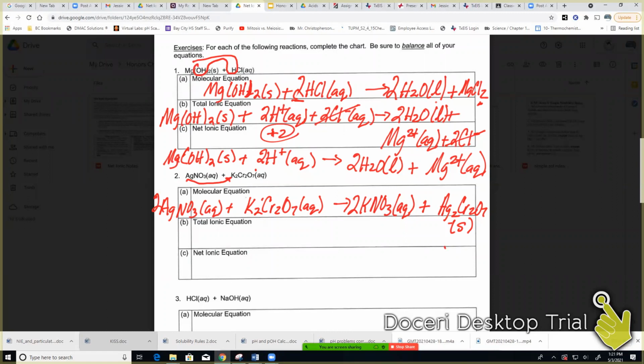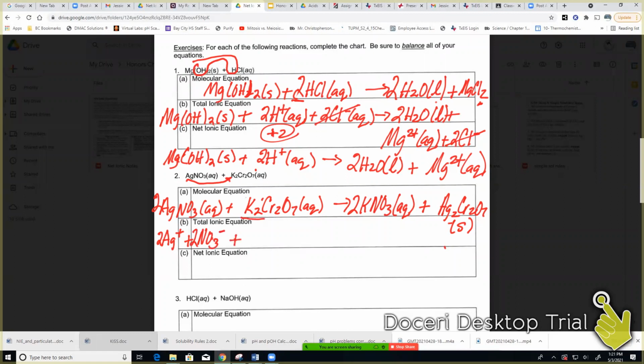So now I'm going to start ionizing everything. I just start over here. I have 2 Ag plus. I'm not going to put AQ on these just to save a little bit of room, but when you write them on a quiz or on a test, you would need to put AQ after every ion. Then there should be 2 NO3 minus.